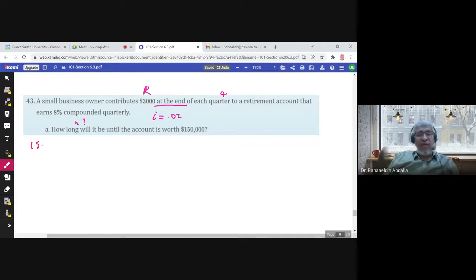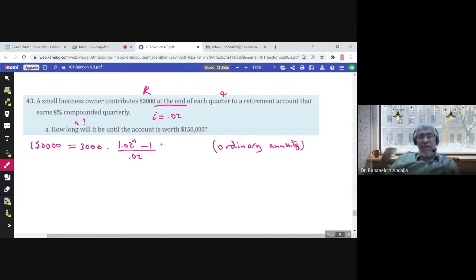150,000 is the future value, and 3,000 are the deposits, times 1 plus I to the power n minus 1 over 0.02, and it is an ordinary annuity because we said that it is at the end of each quarter.